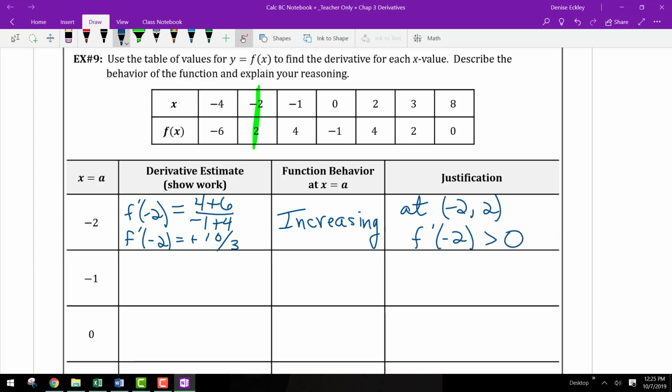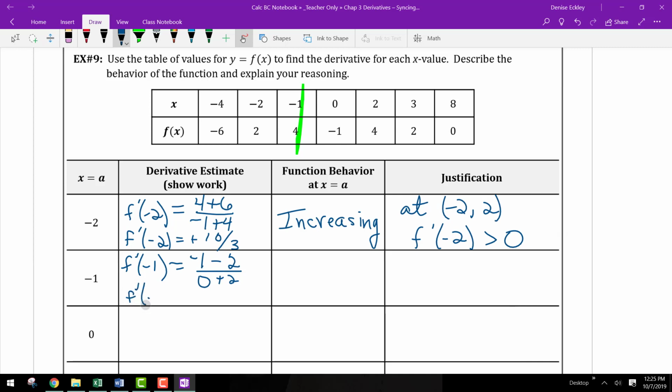Okay, I'll do one more and then I'll leave the other ones for you guys to do, and I'll just show the answers. So next I'm going to do f prime of -1. I'm going to highlight where -1 is, and I'm going to use the points on either side. So I'm going to have -1, the y value, minus 2 over 0 minus -2, so plus 2.